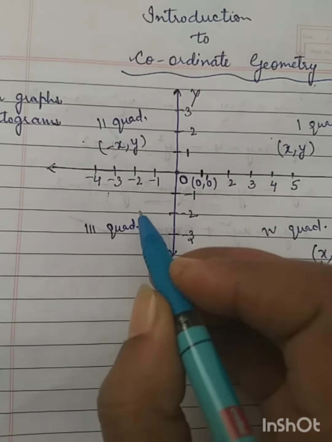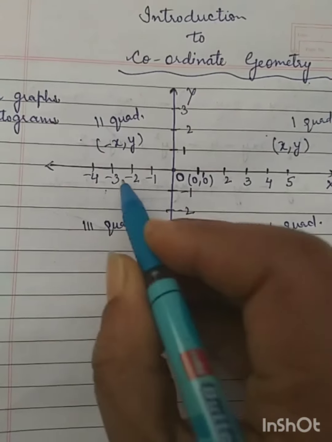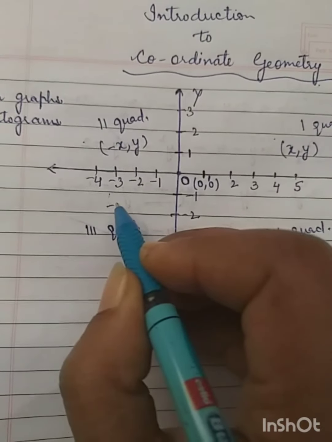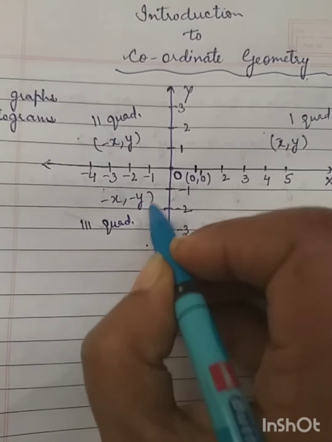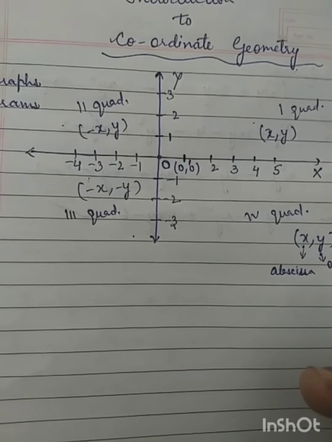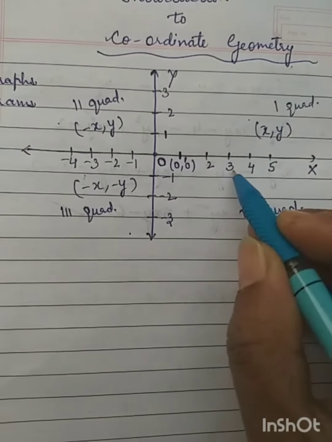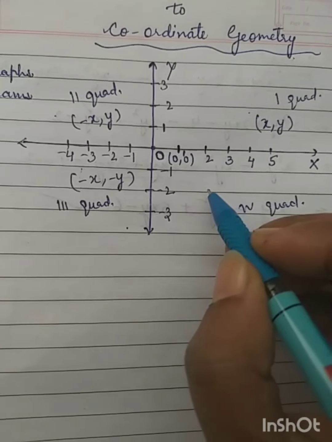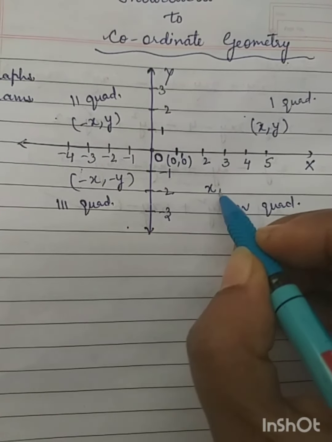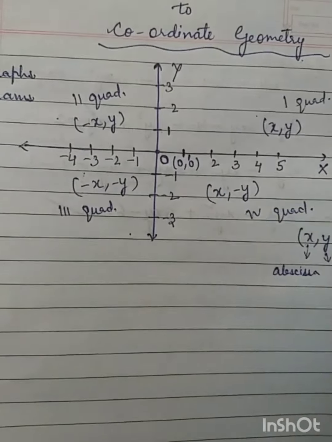Then in the third quadrant, x and y both are negative, so the coordinates will be in the form of (-x, -y). And in the fourth quadrant, x is positive and y is negative, so these are in the form of (x, -y).